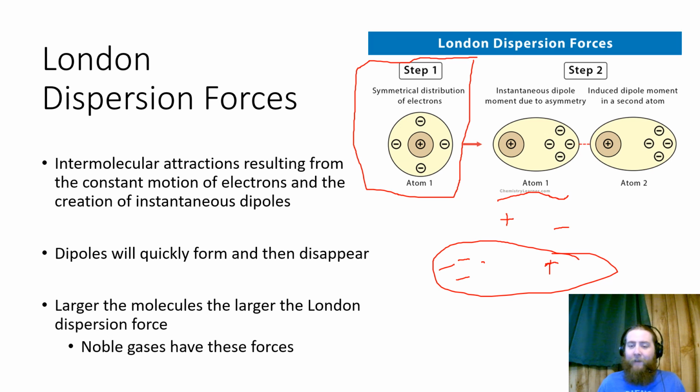So they have a little bit more energy. Remember, the farther we go out, the more shells we get, the bigger our atomic radius gets, and the larger and more common these London dispersion forces are. And our noble gases, we haven't really talked about them much, have these forces. You'll find London dispersion forces inside of noble gases.